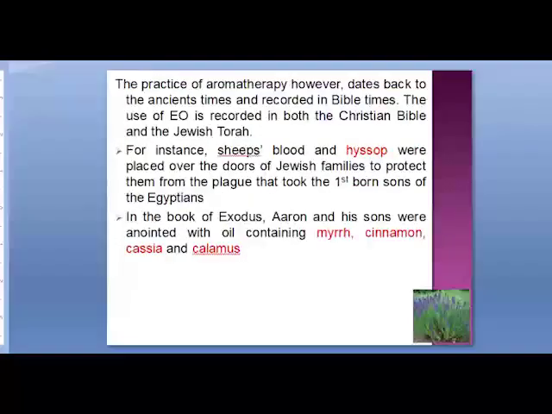So the practice of aromatherapy, however, also dates back to ancient times and Bible times. I'm sure we are all aware of the essence that is actually burnt in some churches, myrrh, and sometimes you have what is called lubani, cinnamon, cassia, calamus. All those are actually used in Christian circles.